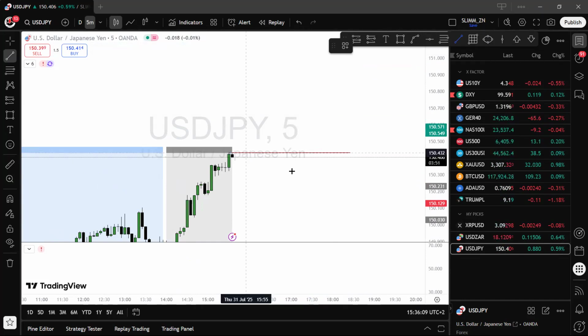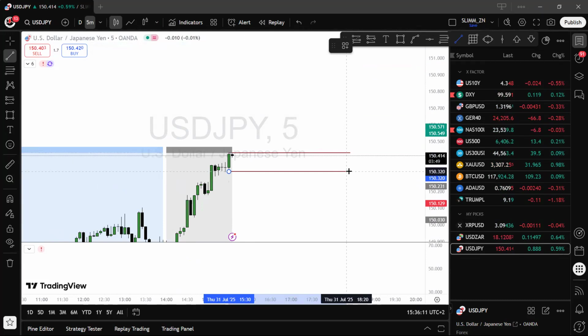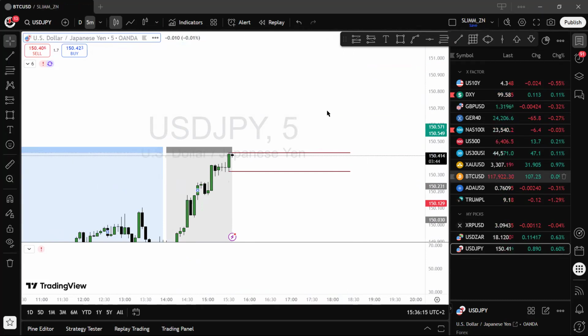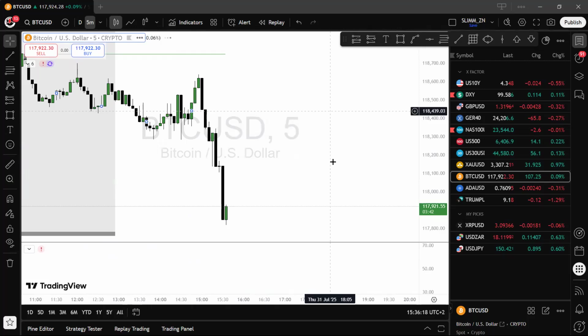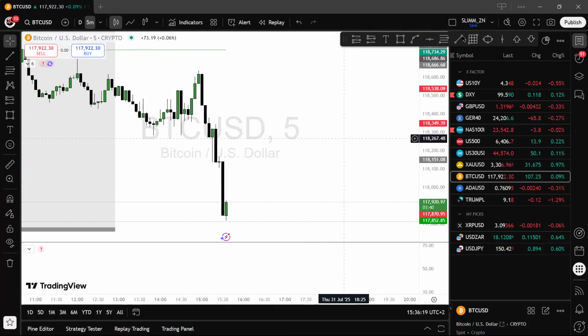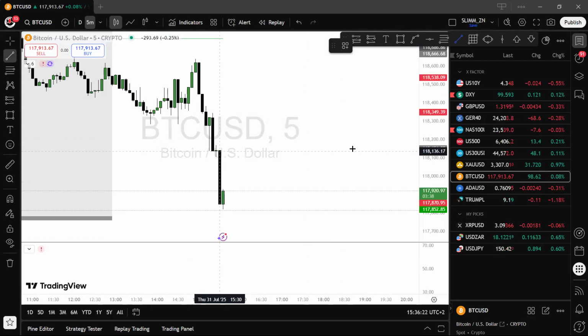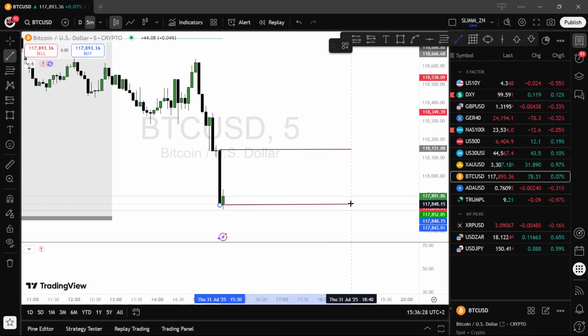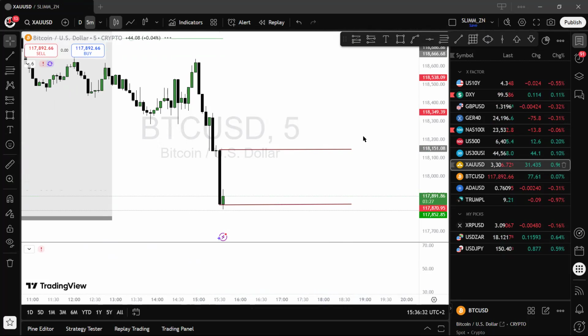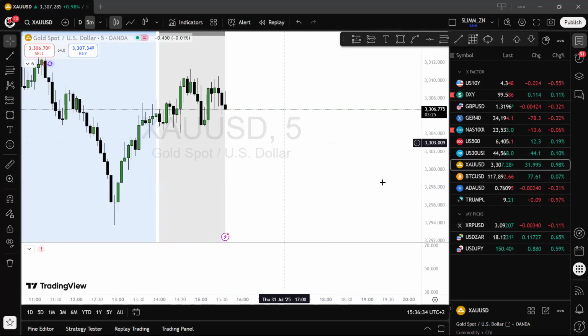So this ORB confirmation works based on volatile assets. Even on crypto, you can still use it. But remember, you still need to have a bias. Once you have a bias, then it becomes easier to use this opening range candle to confirm your bias.